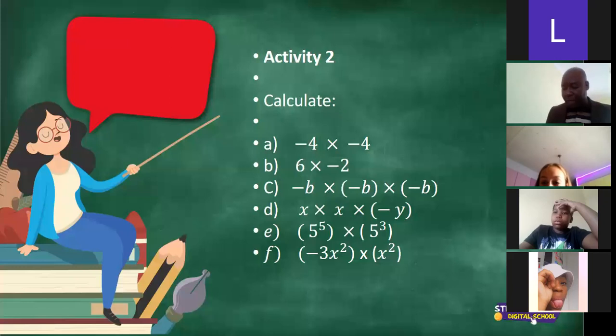Then let's move to B. We have 6 times -2. 6 multiplied by -2. Now you are multiplying a positive number and a negative number. What do you get?